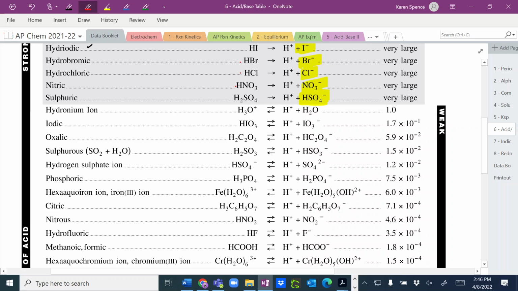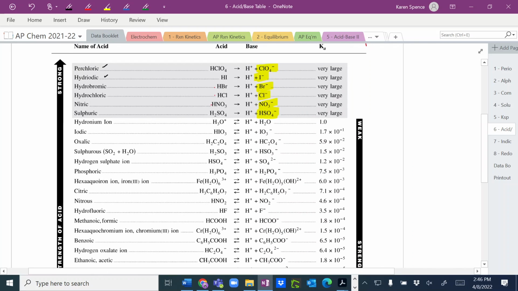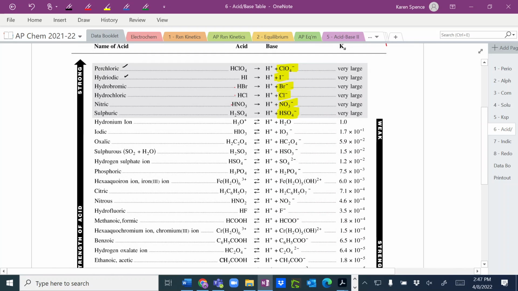Go search for iron, aluminum, and chromium. Hexaquo.